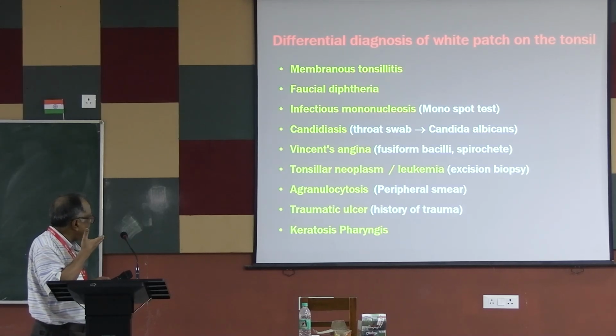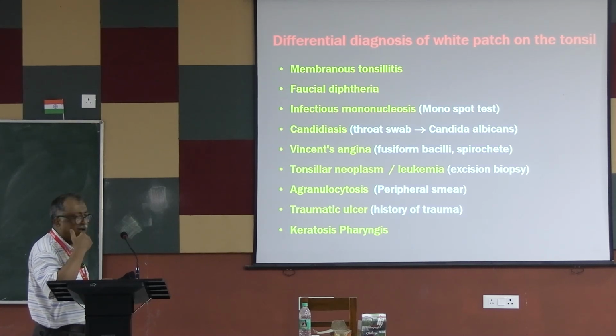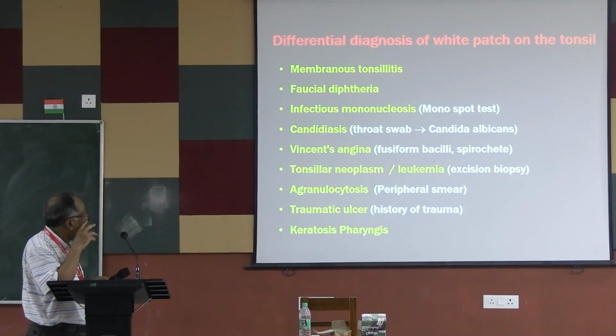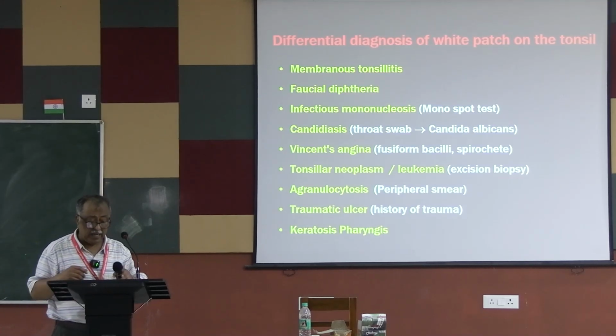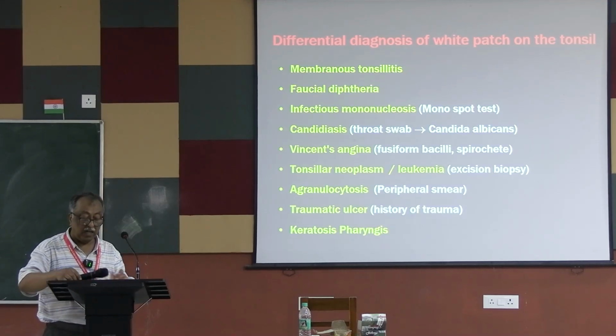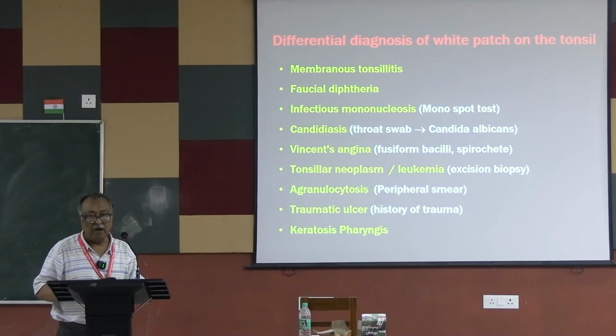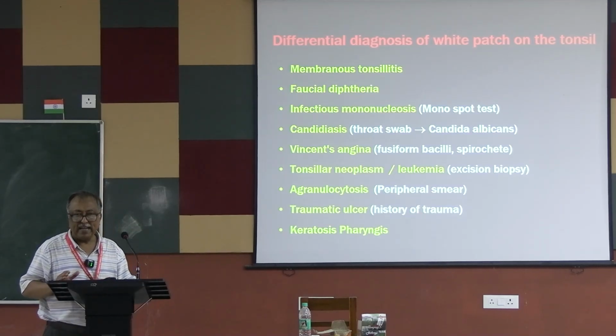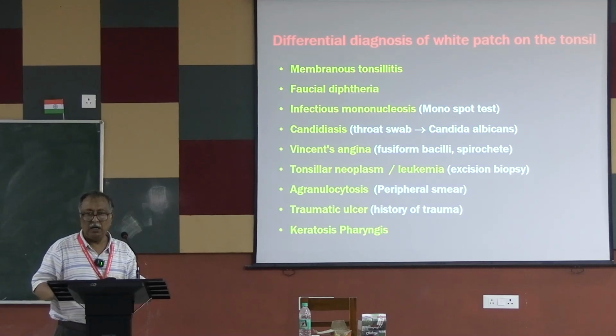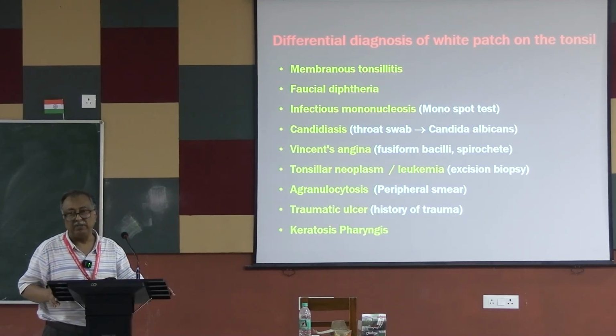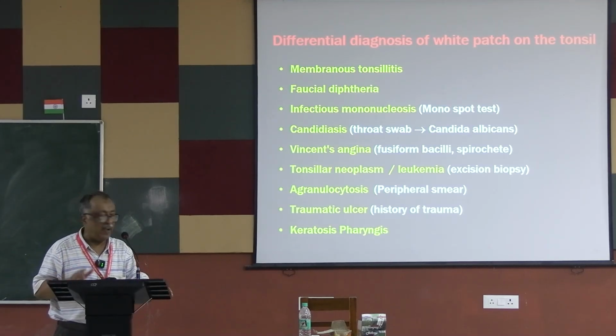Another part, the neoplasm, the leukemia: lymphoblastic leukemia in case of children, and in case of adults, there is acute leukemia. But now we are very much concerned with faucial diphtheria. You see, in faucial diphtheria, the main thing is that the pain and fever are not so high, not so excessive, but the patient's general condition is very toxic, and there is lymphadenopathy.